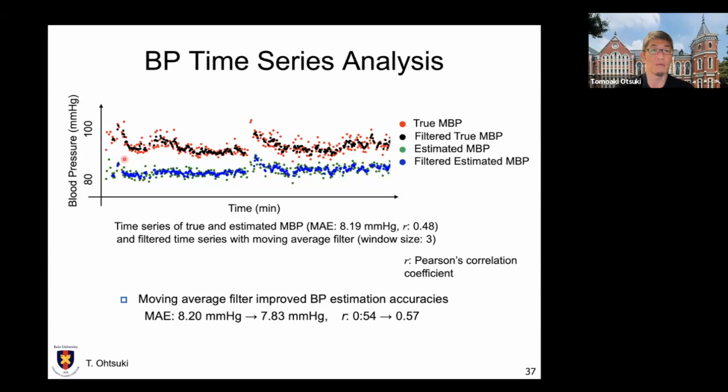There is some gap between the true one and the estimated one, but with some a priori information we can make it small, and we can also see the rough trend of the blood pressure variation, which our technique can track and estimate.